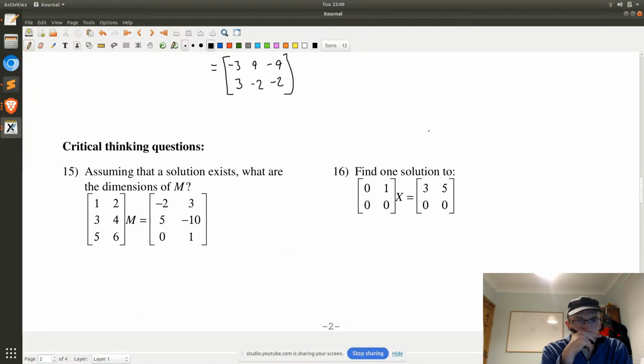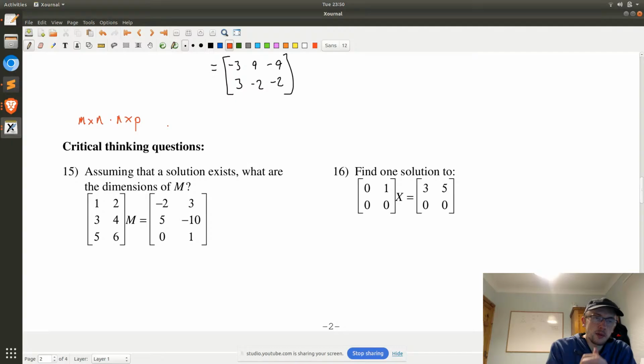Assuming that a solution exists, what are the dimensions of M? So recall, an M by N matrix can only be multiplied by an N by P matrix. These are dimensions, so number of rows by number of columns. The columns of the first matrix have to match the rows of the second matrix.